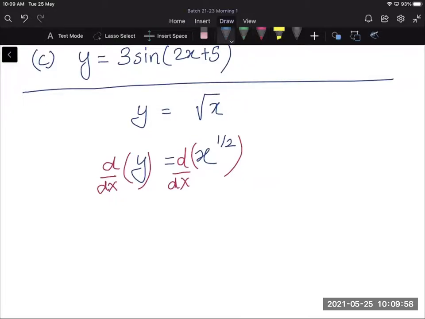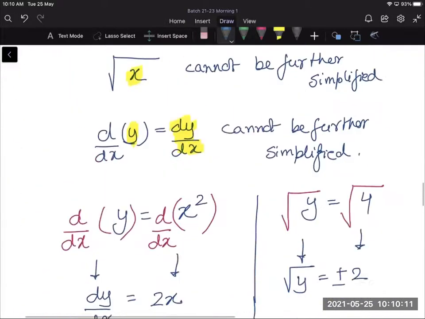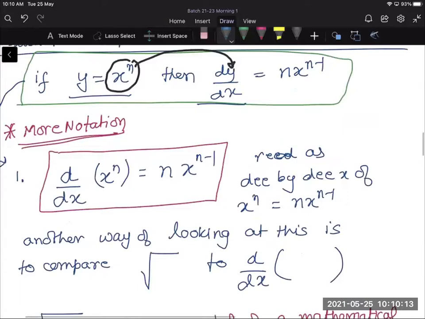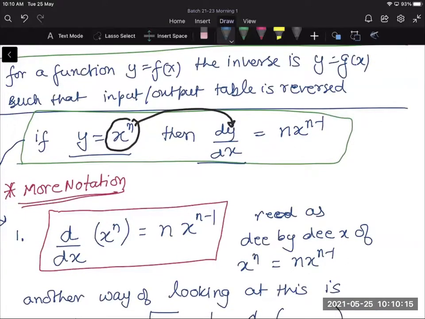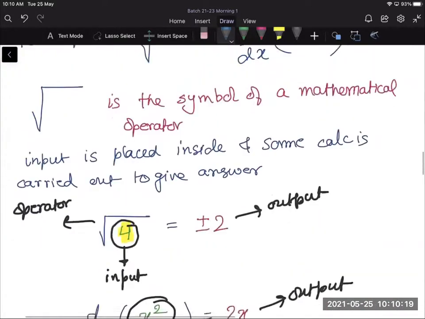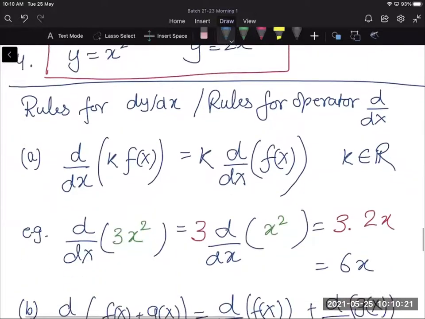So the left side simply becomes dy by dx. This is what I have been tasked to find. Now this will become what? Well, I know that d by dx of x power n is equal to n x power n minus 1. So this should be easy.